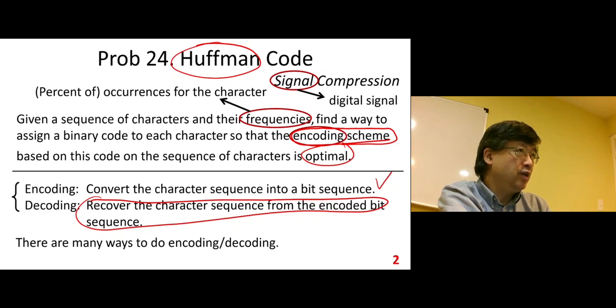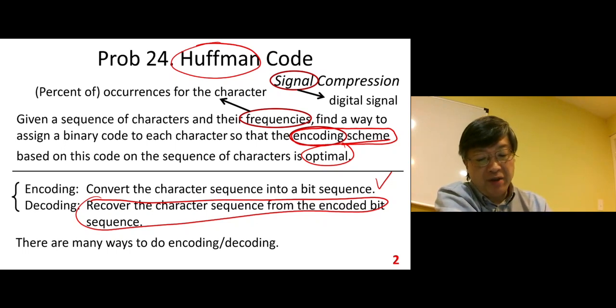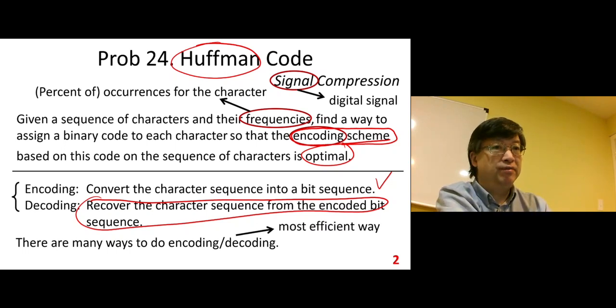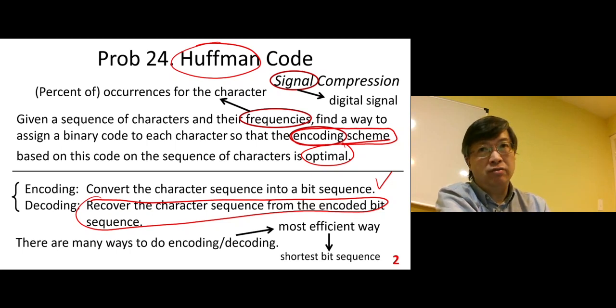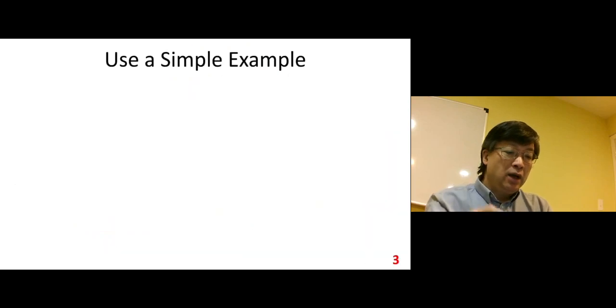Everyone has an idea, you can try, but we want to find the most efficient way. The shortest bit sequence, that is our goal, the criteria. We use an optimization criteria.